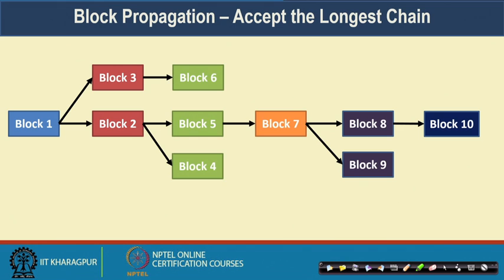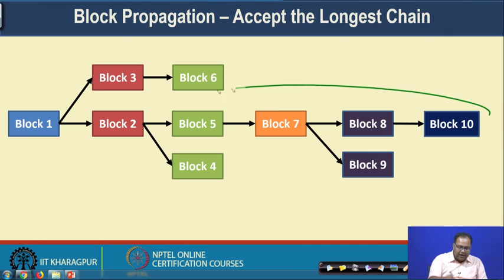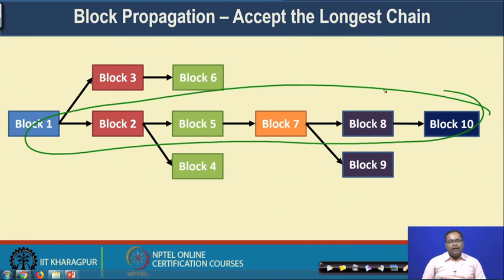So, whenever you have such multiple paths, you always accept the longest chain, and all the newly mined blocks will be added to the longest chain. These other paths, after some time, will not be used by any of the nodes in the blockchain and they will get discarded. These particular blocks we call the orphan blocks.